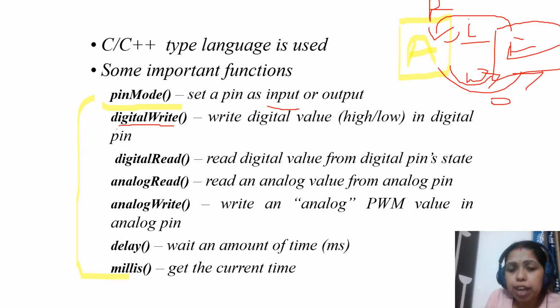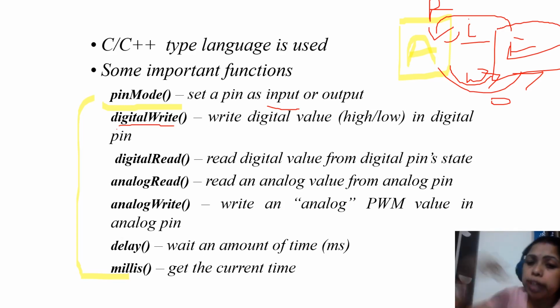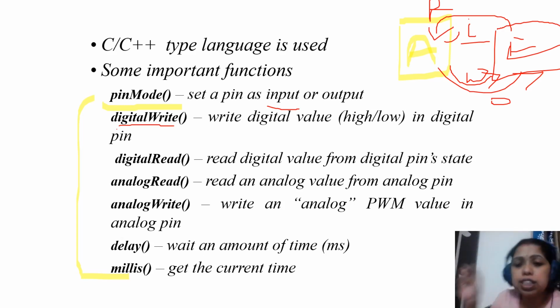There are two kinds of pins, analog and digital, so you will use the digital pin and configure it as an output pin. Then we can use the digitalWrite function to send data through the digital pin to the external device.